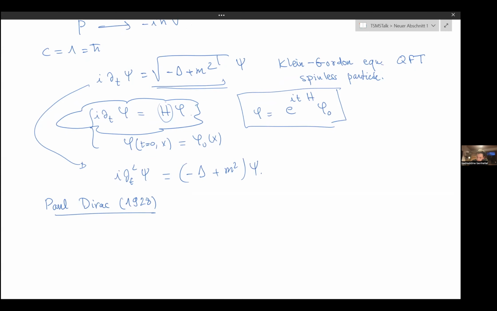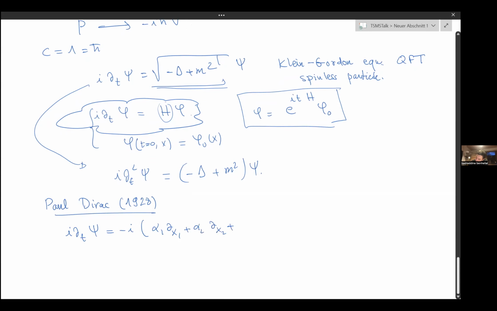So he said that, okay, I must look for something like this, for example. Let's forget h bar. So I'm putting alpha 1 dx1 plus alpha 2 dx2 plus alpha 3 dx3.